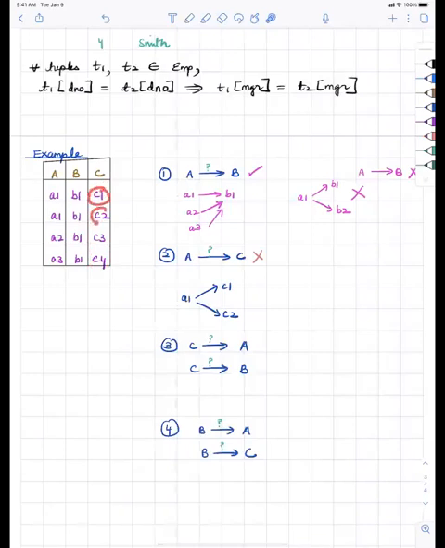You have C1, C2, C3, C4. On the other hand, here you have 2 A1s. Here you have 4 B1s. But here you have unique values. So you can just directly say that, yes, C functionally determines A and C functionally determines B, because every value of C is unique.